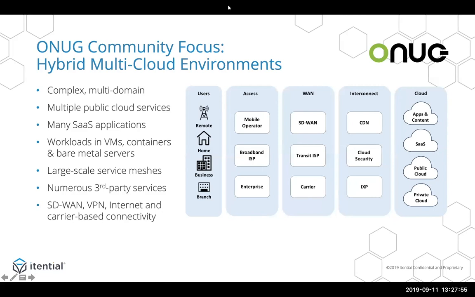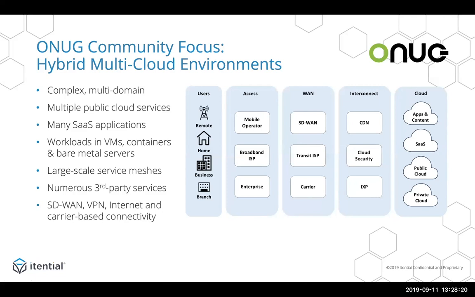So they're obviously complex. They are inherently multi-domain. If you look at that diagram there, you're spanning multiple network domains. You actually have domains that, even within a specific area, operate at separate layers with separate controllers at different layers. You've got different public cloud services. You've got SaaS applications.